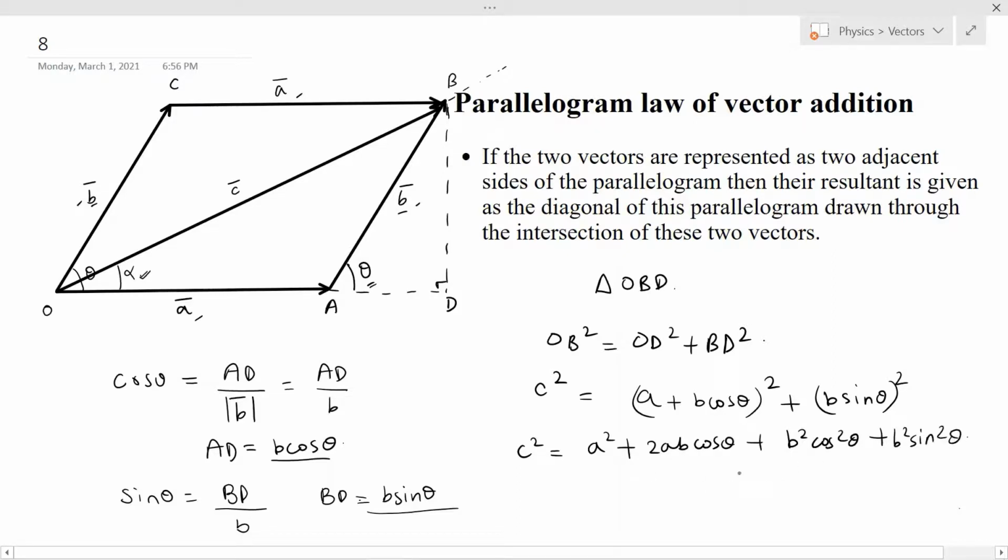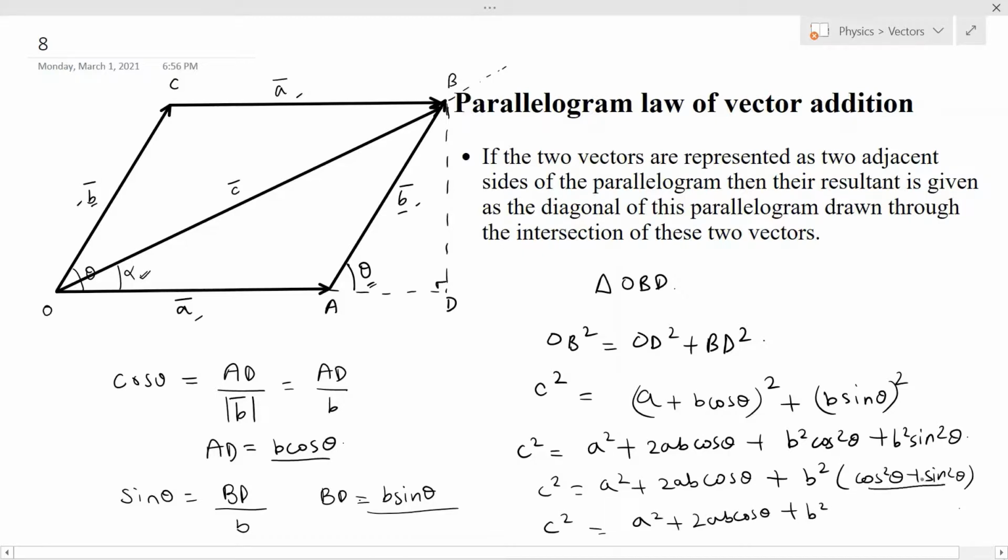Now let's take B square common here. We have cos square theta plus sin square theta. So let's write A square plus 2AB cos theta, the other terms. Then C square becomes A square plus 2AB cos theta plus B square. Why? Because cos square theta plus sin square theta is 1.